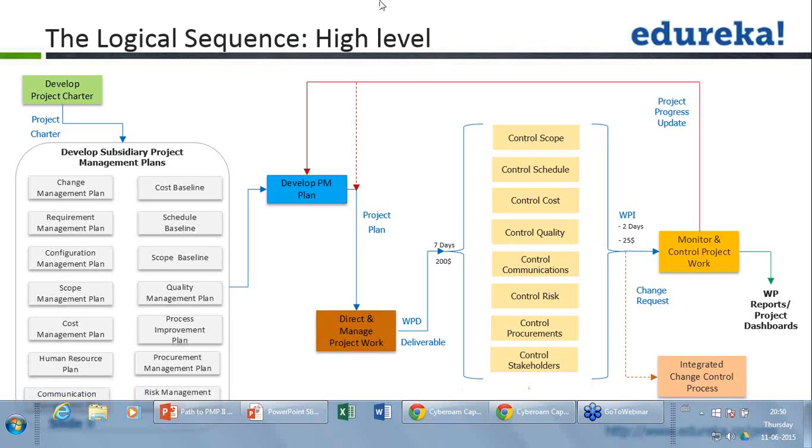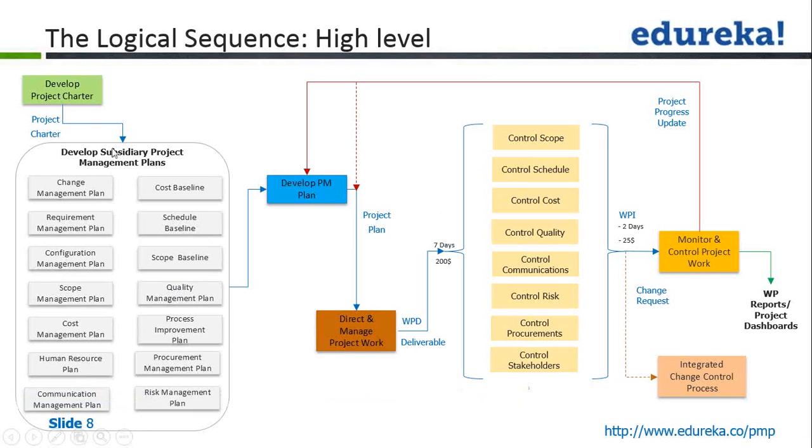This is a process where we unify all the subsidiary components of the project, which is visible in this slide as well. It is a consolidation of all subsidiary plans, and also the consolidation of output from the control processes of all the subsidiary project management areas. So this is a very brief description, in layman's language, of project integration management. I hope it is clear to you, Mr. Sharath. Okay, great.